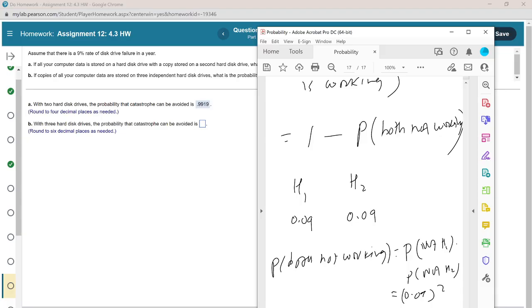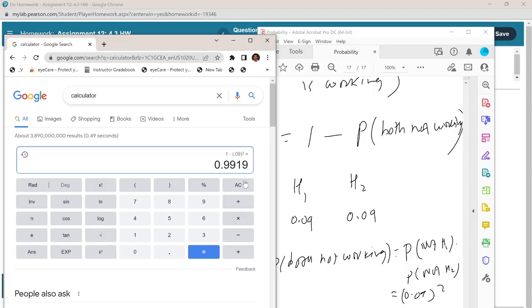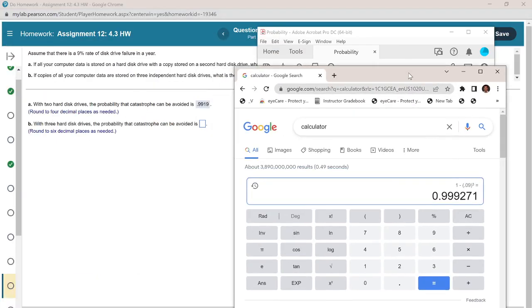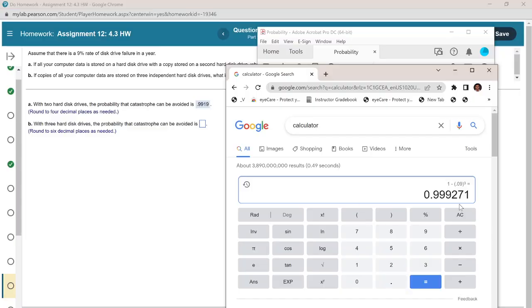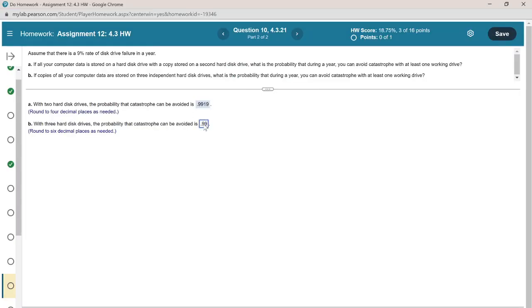You just have to increase the power. So using that fact, if I go back here and subtract 0.09 to the power 3 from 1, it gives me 0.9993. Depending on what they are asking us, for 6 decimal places, it's 0.999271.